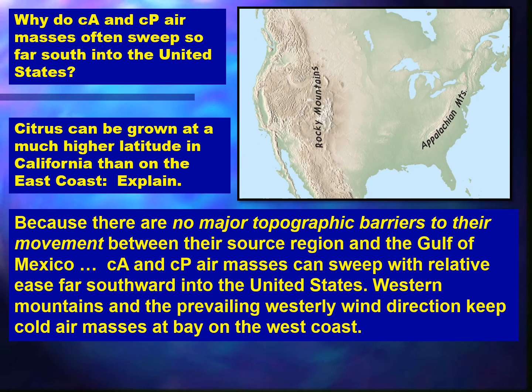But as far as north-south migration of continental polar and continental Arctic air masses, there are just no barriers to that. And they don't mention it here, but this also allows for the maritime tropical air masses from the Gulf of Mexico to move pretty far north into the United States, especially in the summer.